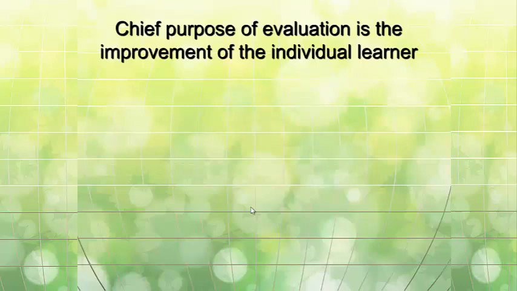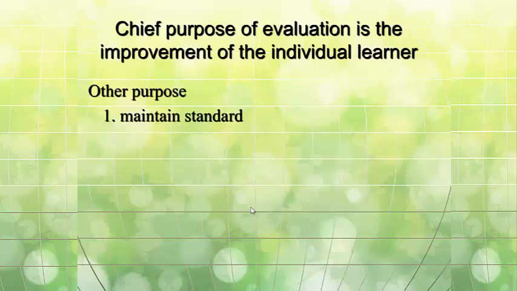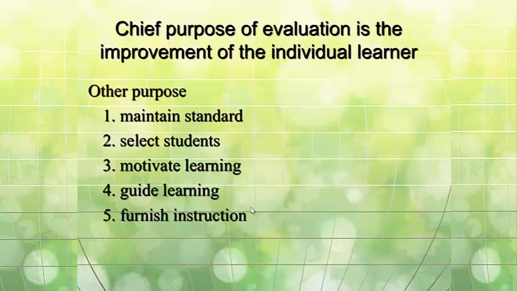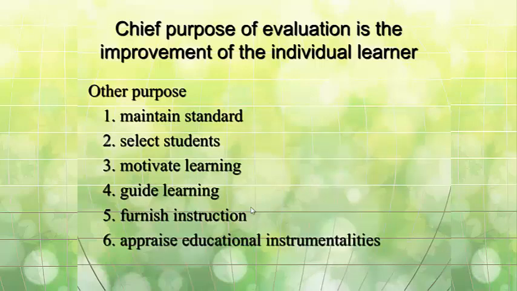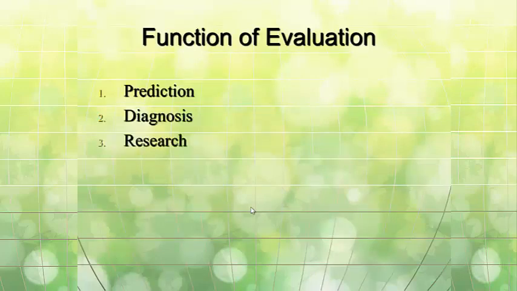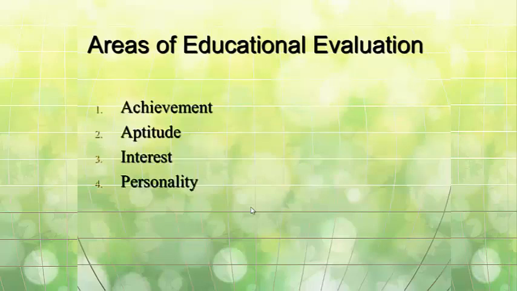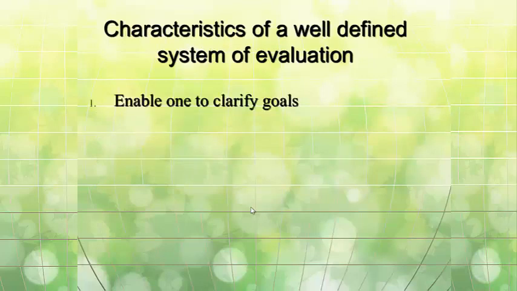Other purposes are to maintain standards, select students, motivate learning, guide learning, furnish instruction, and appraise educational instrumentalities. The functions of evaluation are prediction, diagnosis, and research. The areas of educational evaluation are achievement, aptitude, interest, and personality.